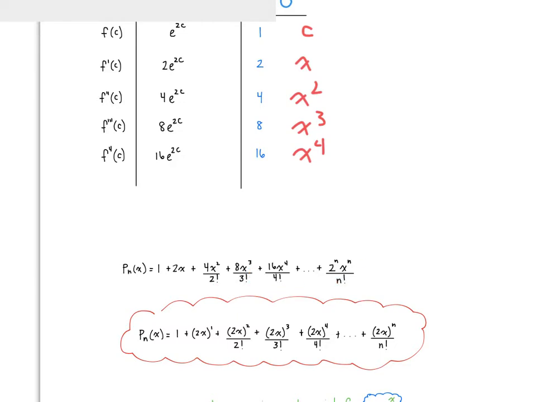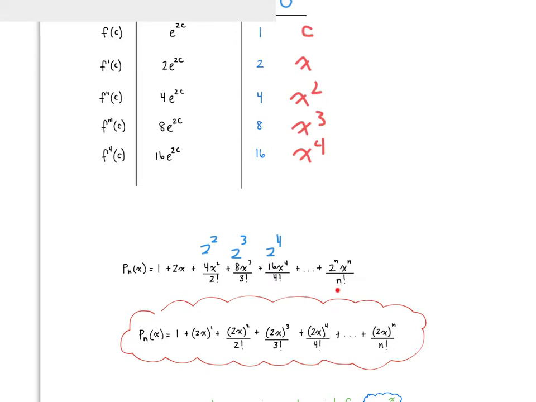But what we should notice is that we can rewrite all of those coefficients. We could really say, oh, 4 is 2 squared, 8 is 2 cubed, 16 is 2 to the fourth. So we get this pattern. It's really 2 to the n is our coefficient, x to the n over n factorial.